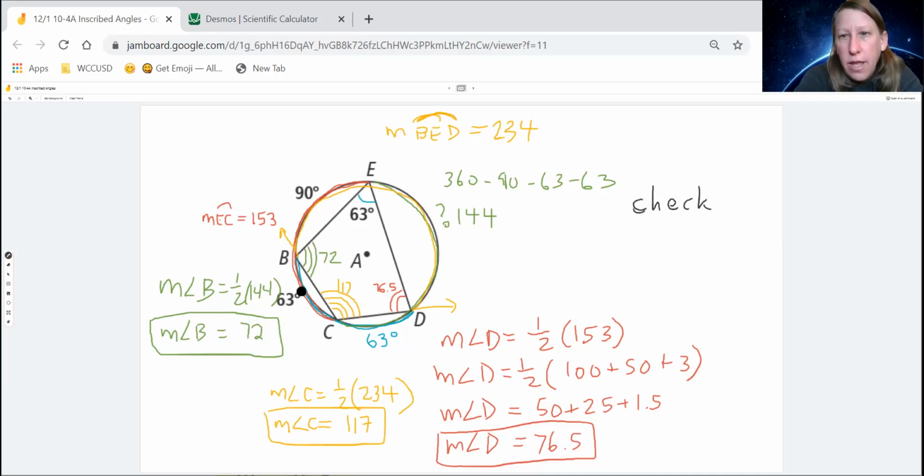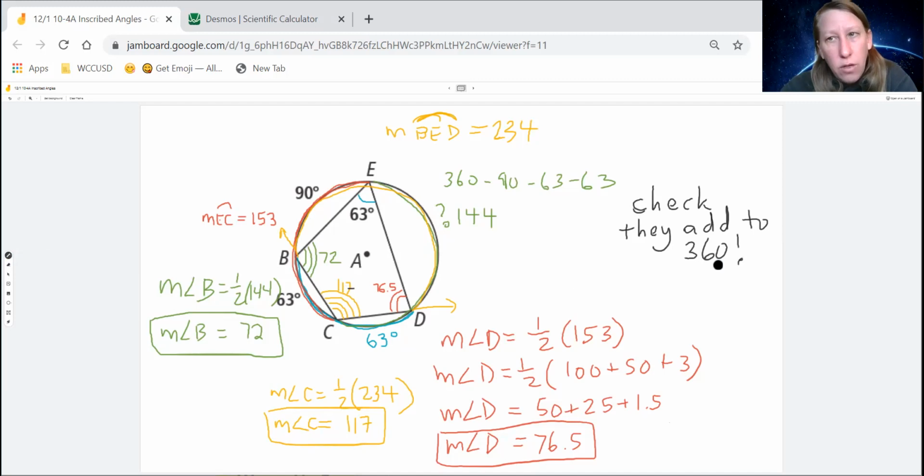I said 180, I meant 360. Add to 360, because the whole circle is 360. And each of these is half. So I have to do 72 plus 63 plus 117 plus 76.5. And that's not going to equal 360, but it's supposed to. So let's see if I can find my mistake.